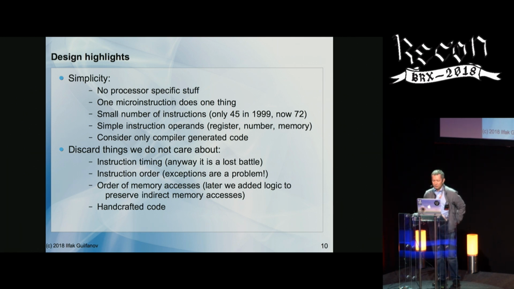This is a very tough problem, and therefore we just say, currently we don't support exceptions in our decompiler. And the order of memory accesses, it's somehow related to the exception handling. We don't preserve it either. It can be reshuffled because of the same problems.